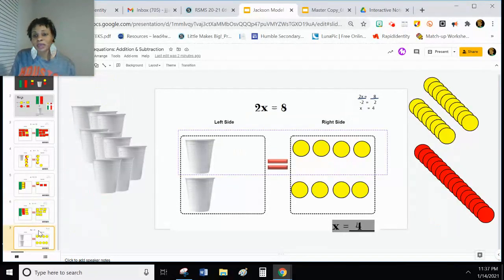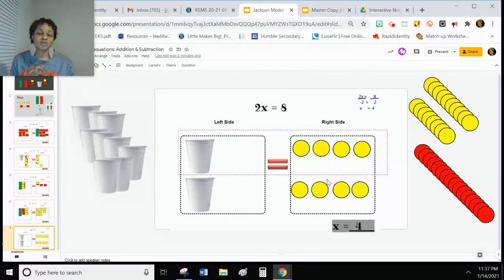And last but not least, if you guys went for the challenge, you put your 2 cups here, you put your 8 counters there, and then there's nothing to subtract. There's nothing to add. Remember, a number next to a variable means multiplication. So what's the inverse of multiplication? The opposite of multiplication is division.